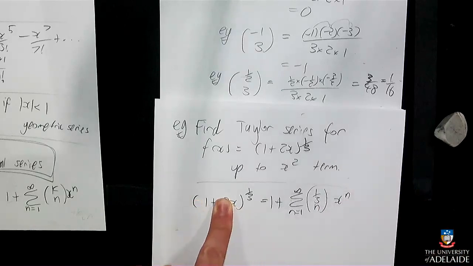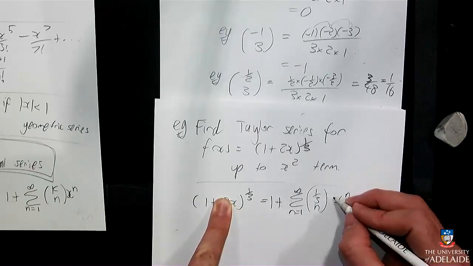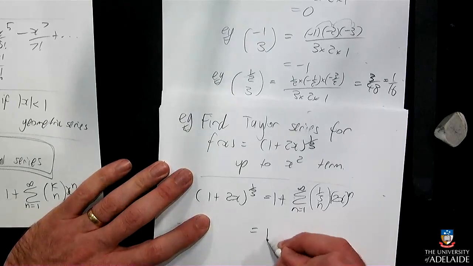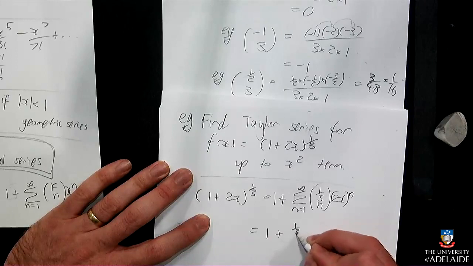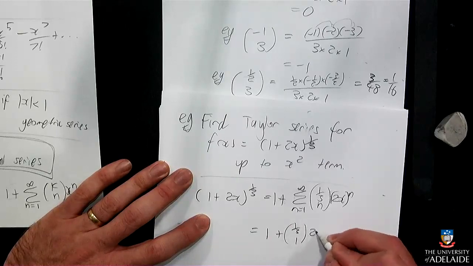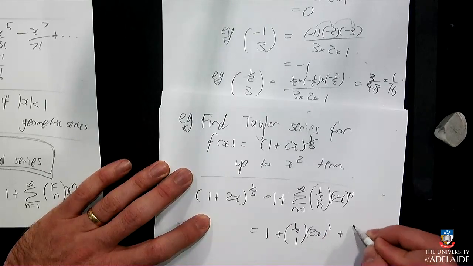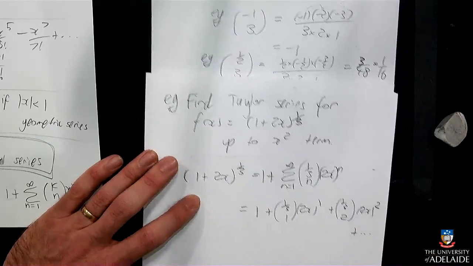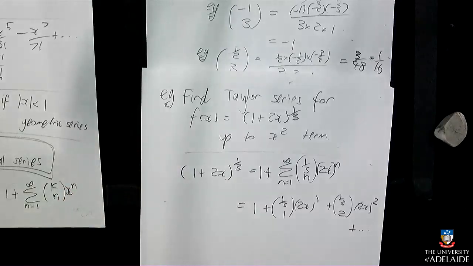That's what it would be if it was just an x. Since it's a 2x, it will be that. So just what that means is that when n is 1, I get 1/3 choose 1, 2x to the 1. And when n is 2, I get 1/3 choose 2, 2x to the 2, plus forever. But we were only asked to do it up to the squared term anyway, so we're going to stop there.